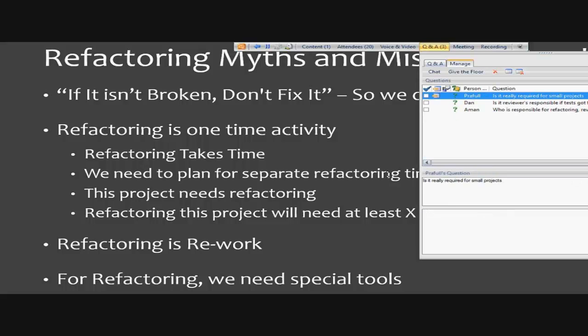I have answered. Praful is asking, is it really required for small projects? Again, small. Facebook started as a small project, Google started as a small project. So is there any definition of a small project?